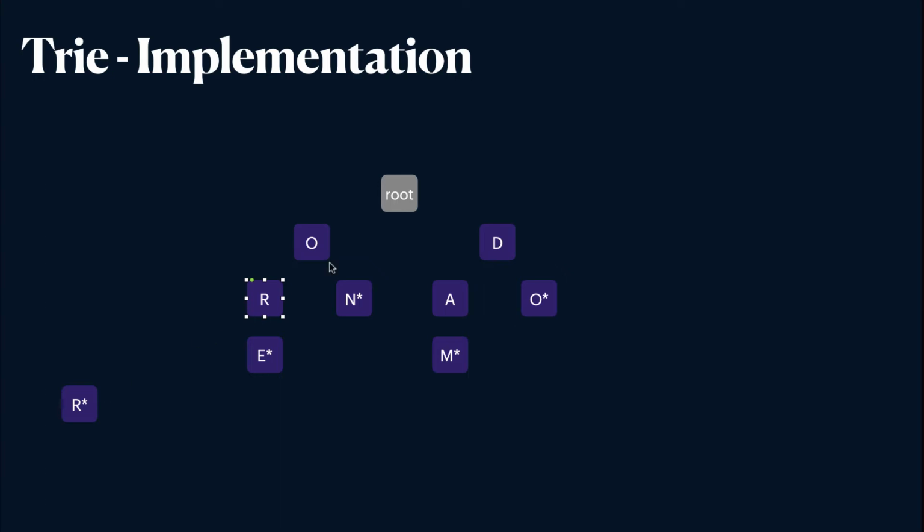But is there a difference? So here we have R as the middle letter of a 3-letter word "or", right? But we want to know that we also have a word "or", a 2-letter word. That's why we need to mark it as an end of the word.